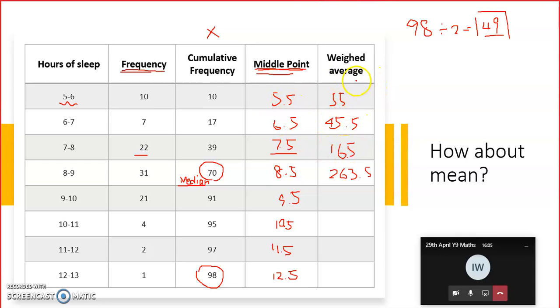So the weight average basically means we'll use the frequency to multiply the middle point. The middle point is the average of each group. So from 5 to 6, the middle point will be 5.5. For each group, you have a frequency. We use that frequency to multiply the middle points and we get a weight average. So think about which two numbers should you use to multiply together to get the weight average here.